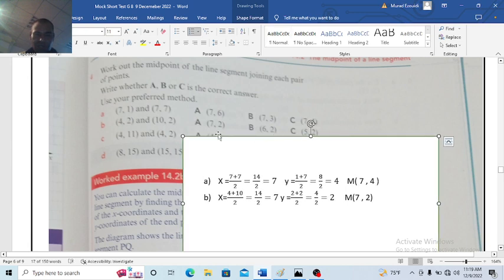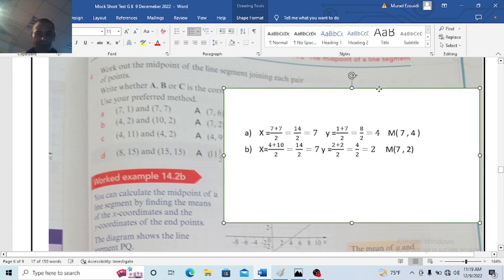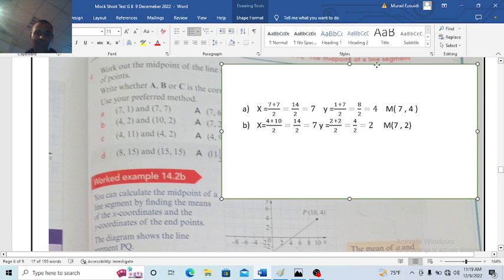For B, is it 7, 2 or 6, 2 or 5, 2? So this one is the correct answer. Means whatever the points, you add the x coordinates and divide them by 2, and add the y coordinates and divide them by 2. Okay, now we move to the next part.